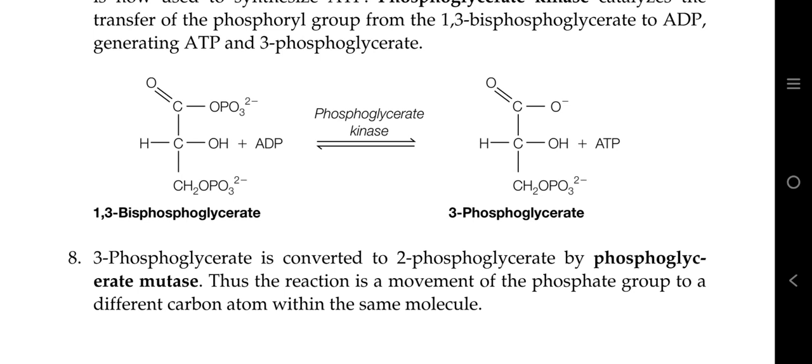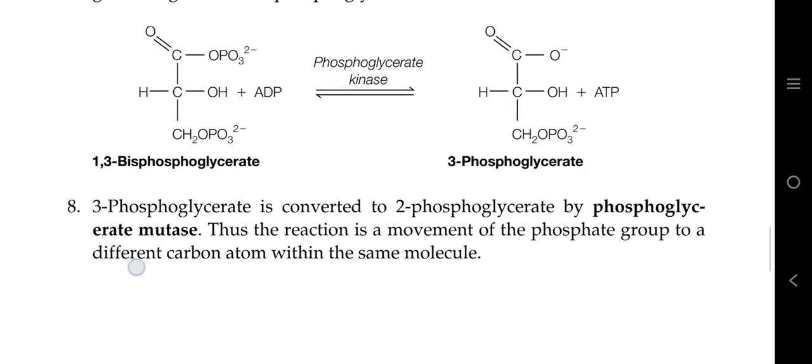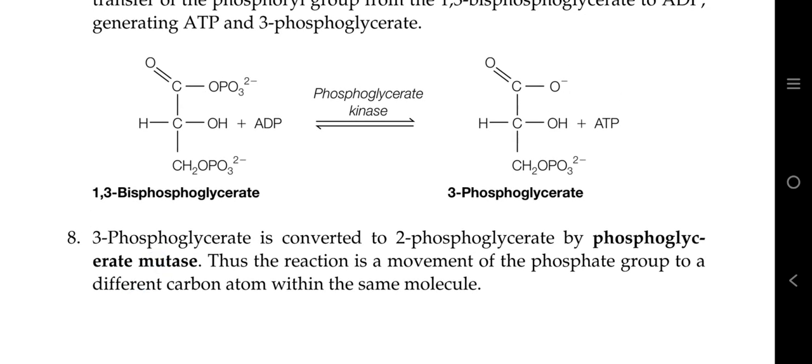The phosphate from the first carbon is removed, and there we get a carboxylate ion. This reaction is catalyzed by phosphoglycerate kinase, and kinases are enzymes that are involved in the transfer of phosphoryl groups from a substrate molecule to ATP or from an ATP to a substrate molecule.